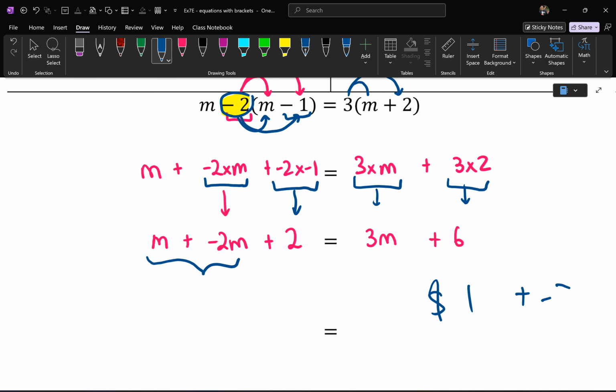When I say 1 plus negative 2, it means like you've got $1 and you spend $2. How much do you have left? If you've got $1 and you spend $2. Think about it. It's okay. We're going to have to work with negative numbers with you there. That's okay. That's actually negative 1.